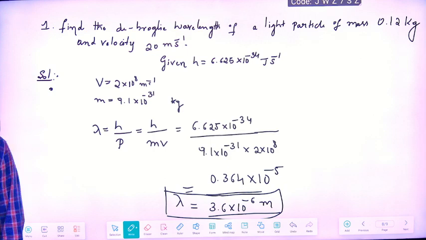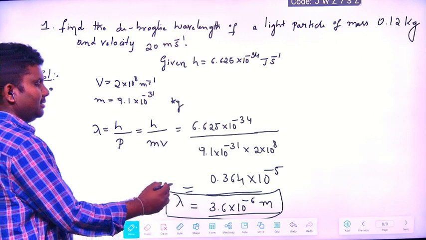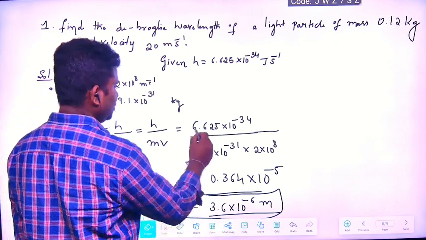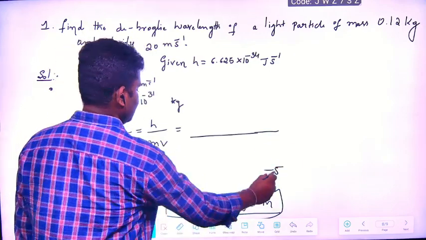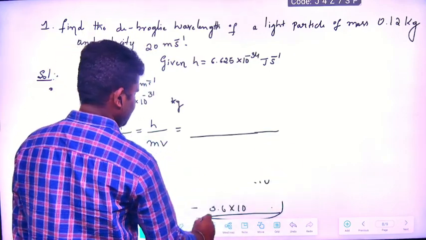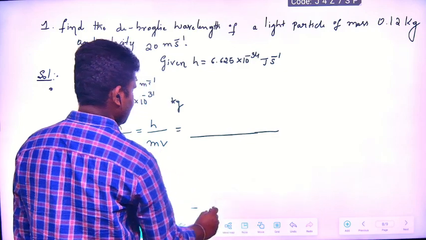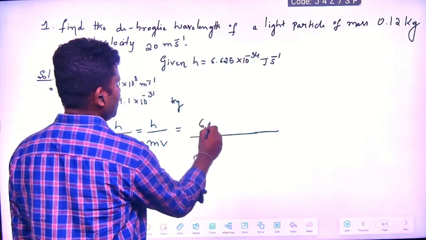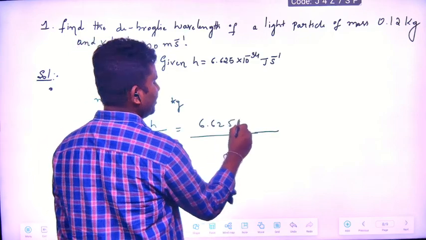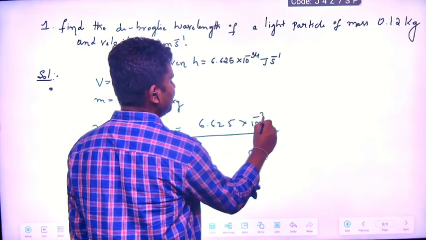Meter per second. So you can write here. Shall I write? You do it. So h is 6.625 into 10 to the power of minus 34.